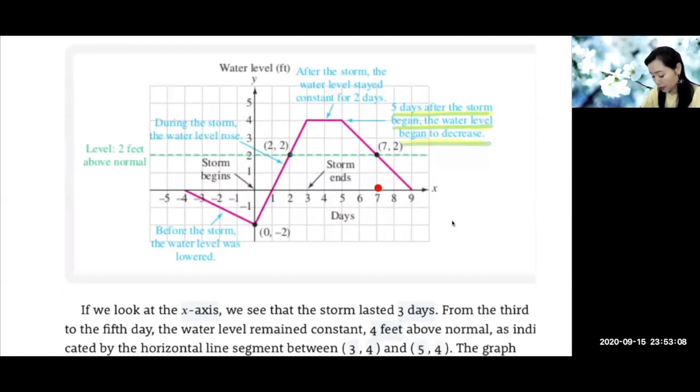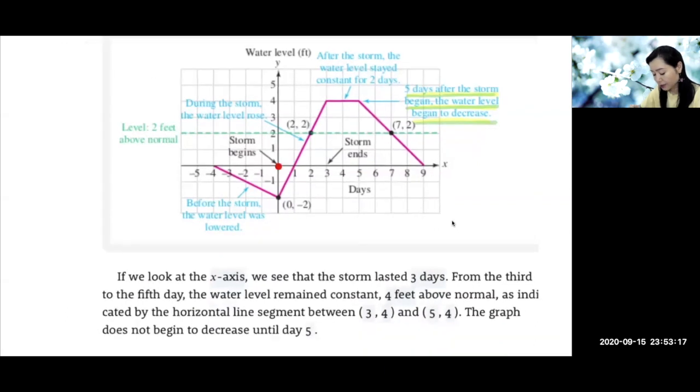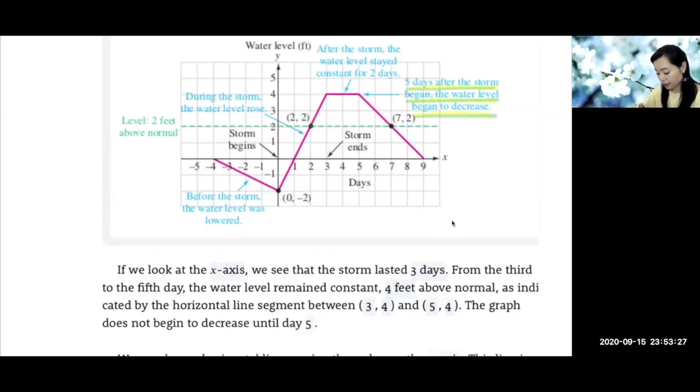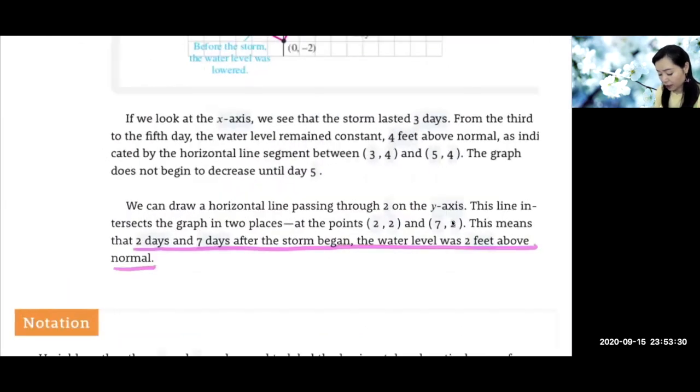So the answer is day 2 and day 7. After the storm began, the water level was 2 feet above normal at 2 days and 7 days.